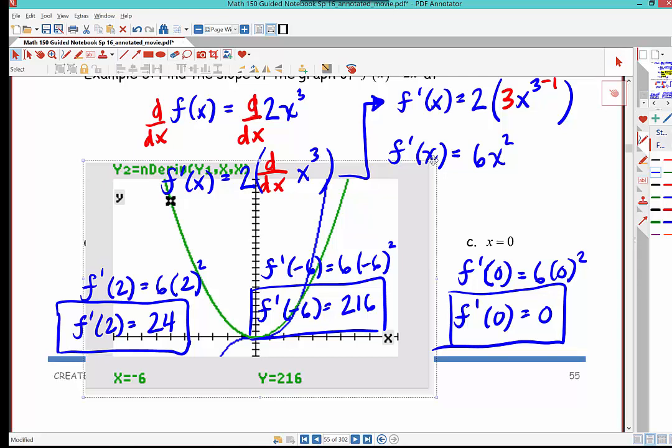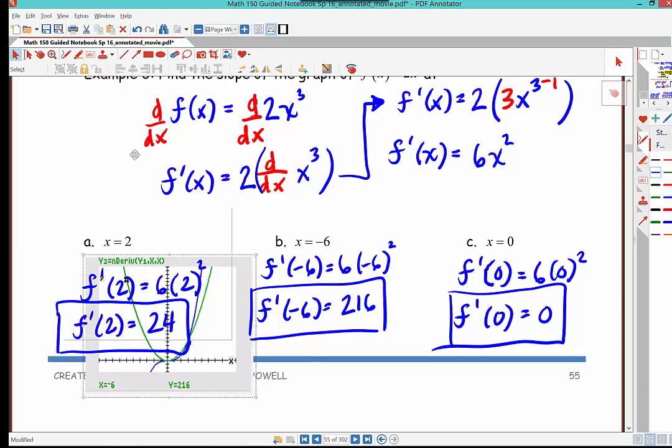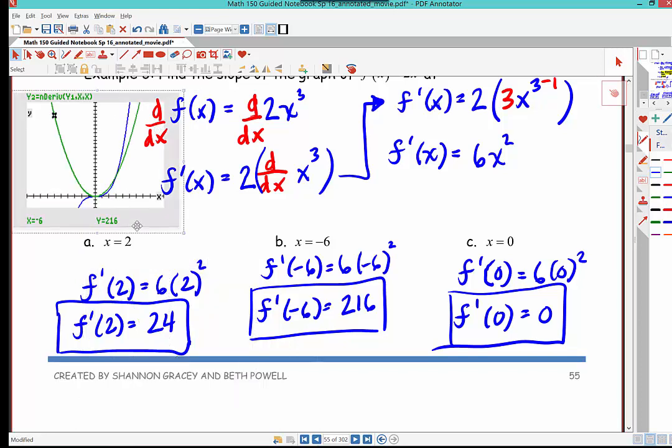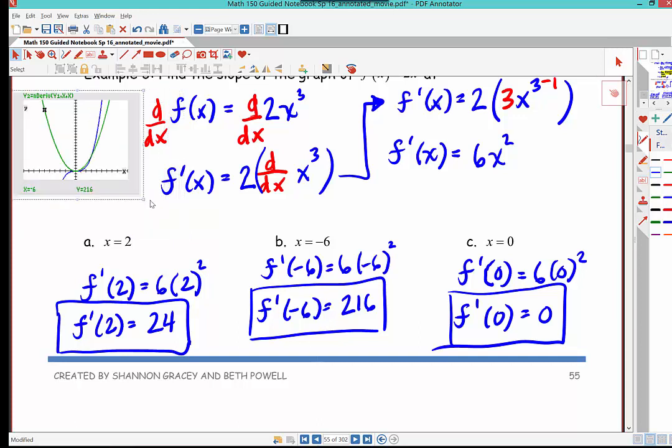Make it smaller. I know it ends up being real small, but you'll see that the graph itself is always increasing, and so the derivative is always positive except for right at x equals 0 where you have a 0 slope. All right, so anyway, that's a picture of the two, and let's kind of move on.